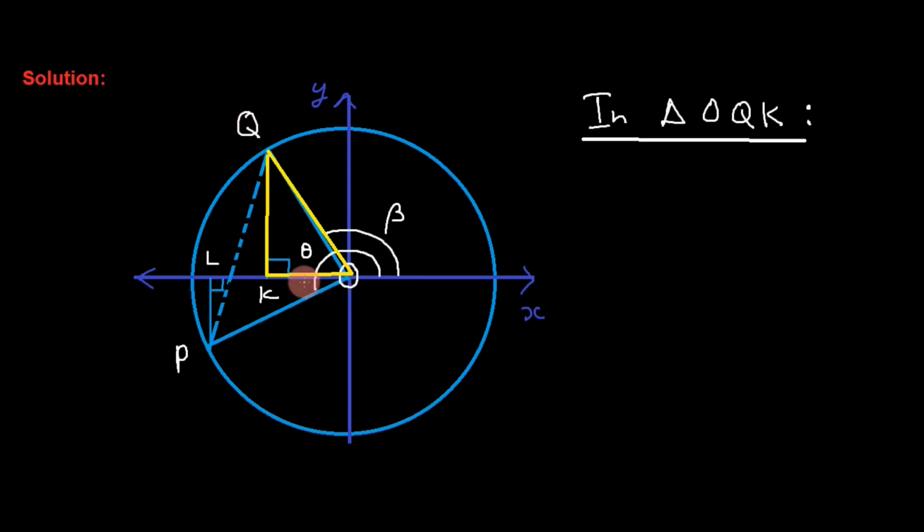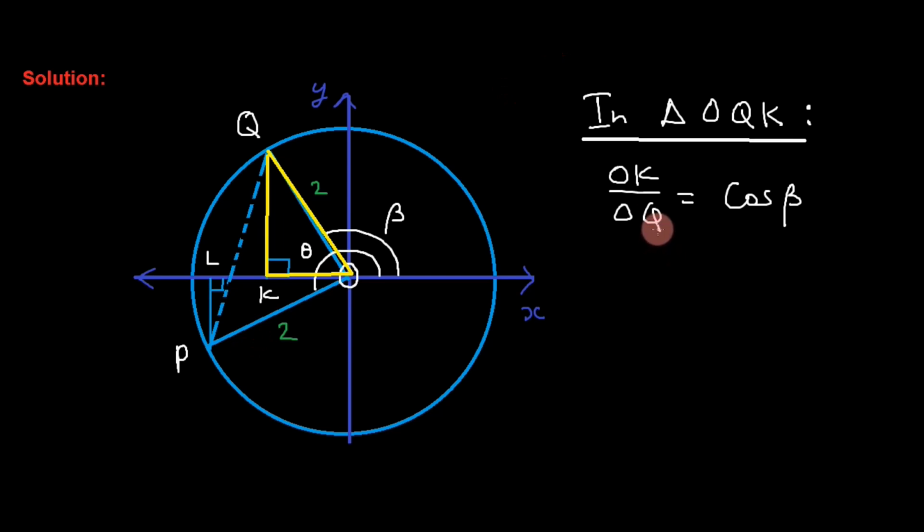So OK over OQ will be the adjacent over the hypotenuse. And of course, that's the cos of beta. But also note that we were told the radius of the circle comes to 2 units. So these are both 2 units, OQ and OP.